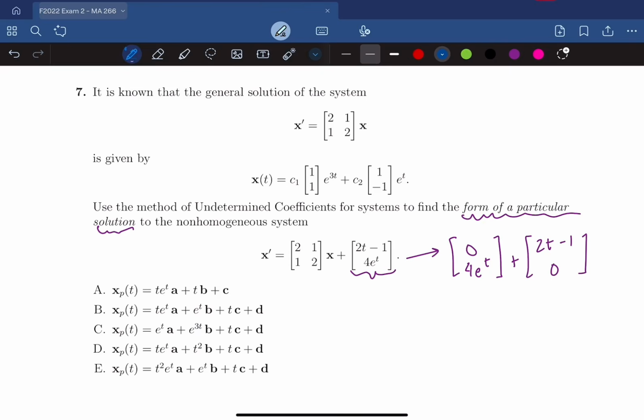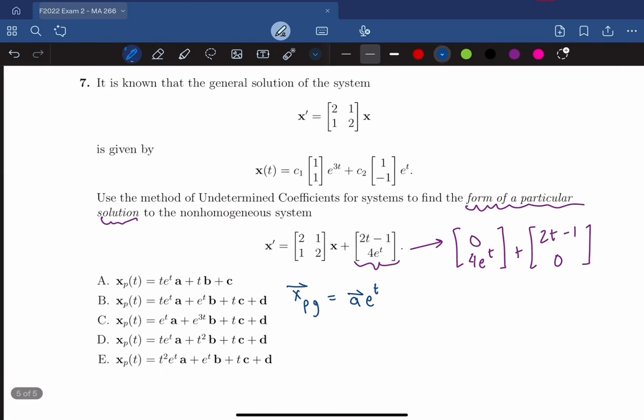Thinking back to problem 1, thinking the same way about forms and guesses, we're going to have our xp guess. Let's take this into account. For our first guess, let's just do 4e to the t. The guess for that would be a, using vector notation, a e to the t, because our leading term, 4, has degree 0, so we're using a degree 0 polynomial in front.